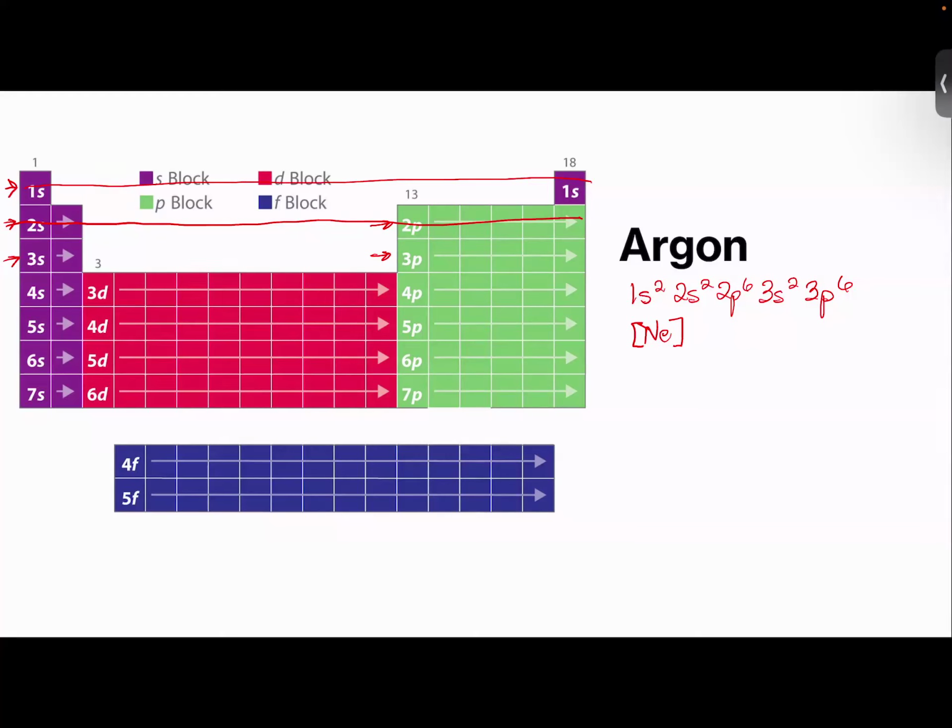We only need to start with the 3s and then go to the 3p. So its noble gas configuration is neon 3s2, 3p6.